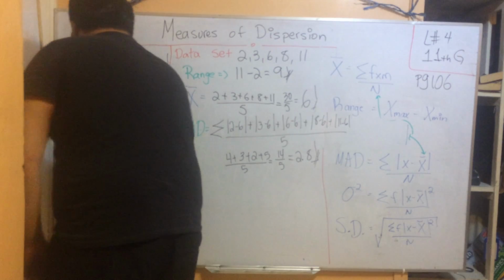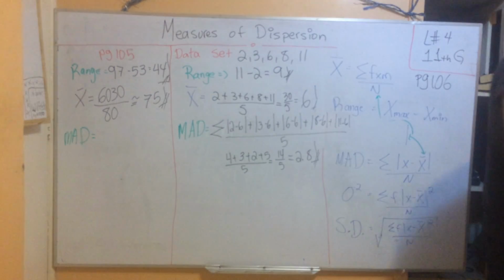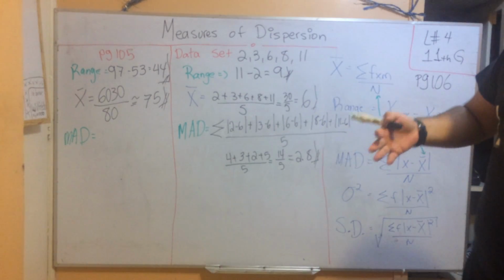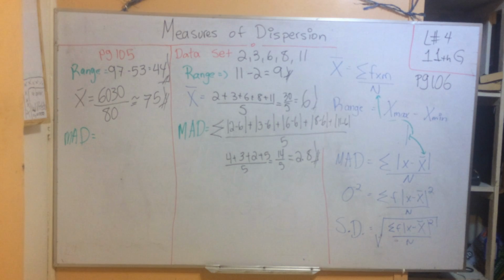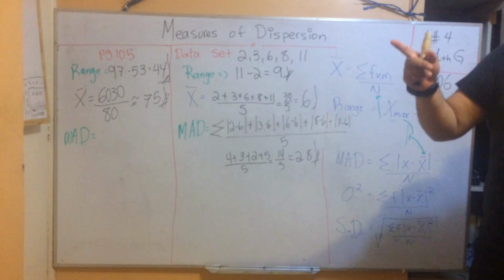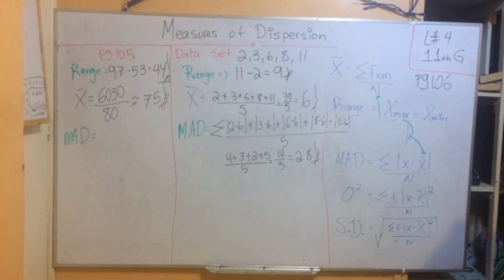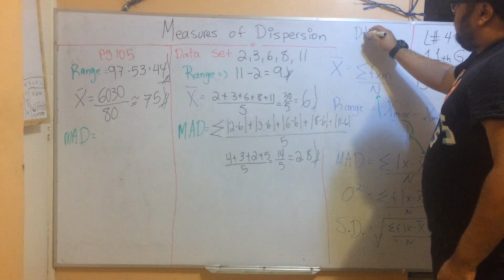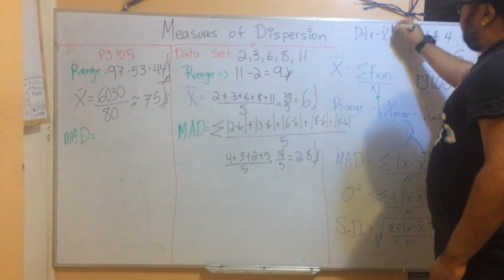The information on this side is a little bit different, because here we have a group of data and we already have it organized. So we take the information that we have on page 105 and we work the frequencies. When we work the frequencies, the formula is a little bit different. When we have a group of data, it's the sum of the frequencies times the deviation. Remember, the deviation is x minus the mean.